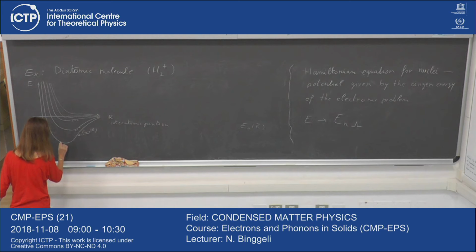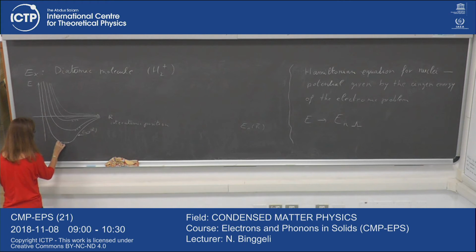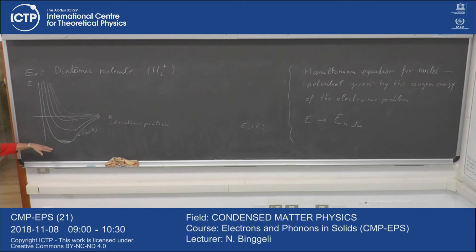And let me plot this a bit better. Lambda equal to 0, lambda equal to 1, lambda equal to 2, and so on. I will get a series of levels with this potential, solving my second equation.